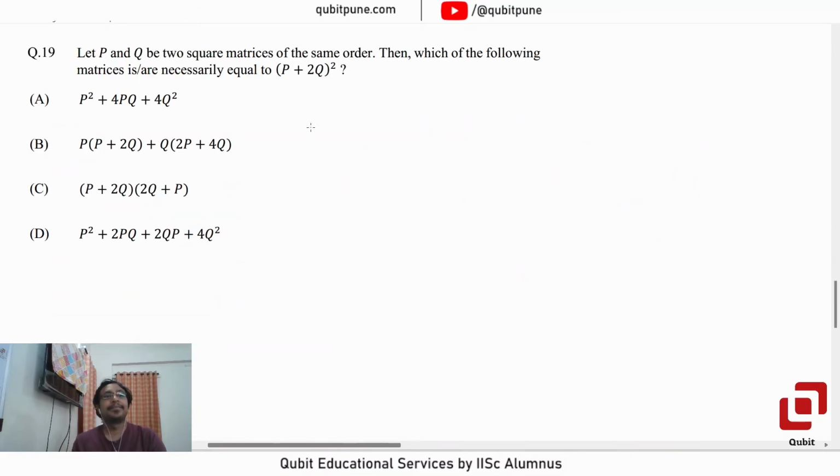Question number 19. Let P and Q be two square matrices of the same order. Then which of the following matrices is or are necessarily equal to P plus 2Q the whole square? Now this is a multiple select question, could be, because they are saying is or are necessarily equal. Let's now go to P plus 2Q squared.